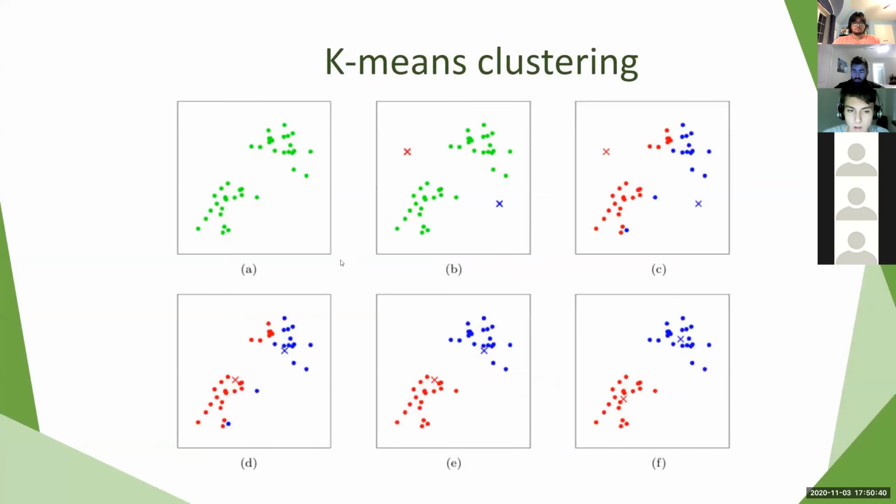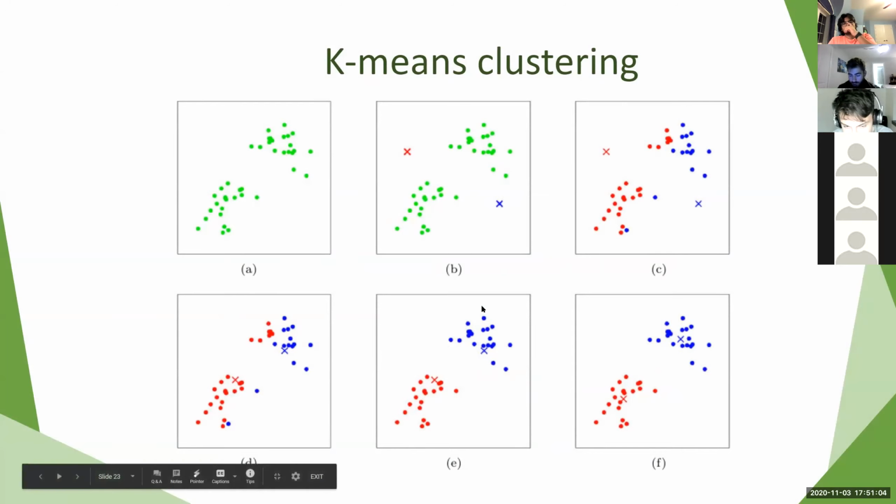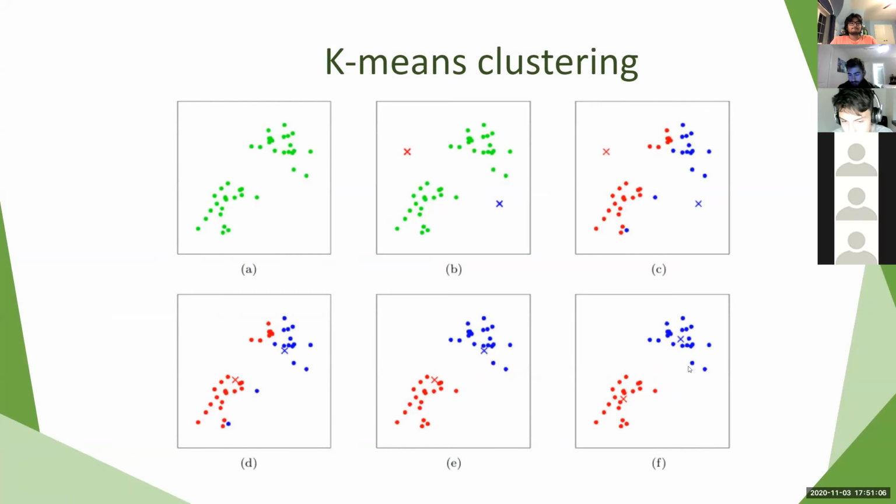Another really useful graphic is this one. As you can see, we have the green, which is like no clustering. We introduce two random points. We start to classify with C. On D, we're already moving the centroids closer to the two clusters we're trying to find. And when we move them, we relabel or reassign all the points.